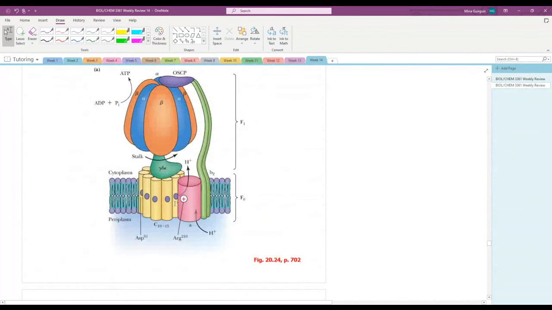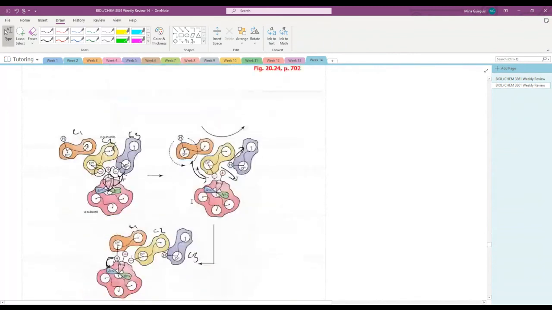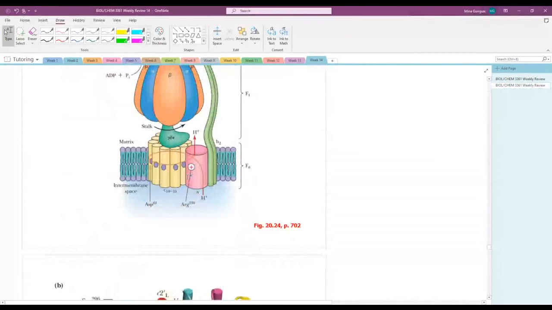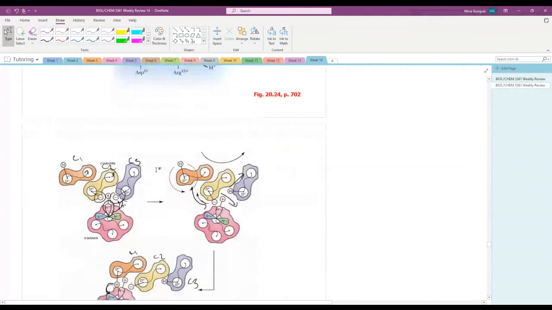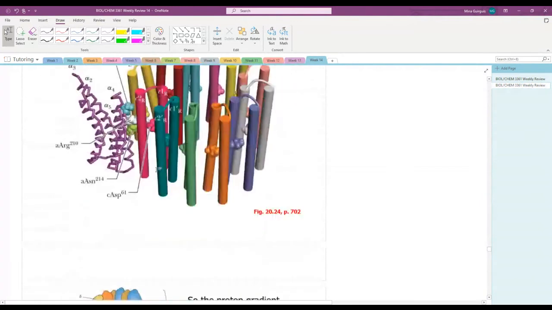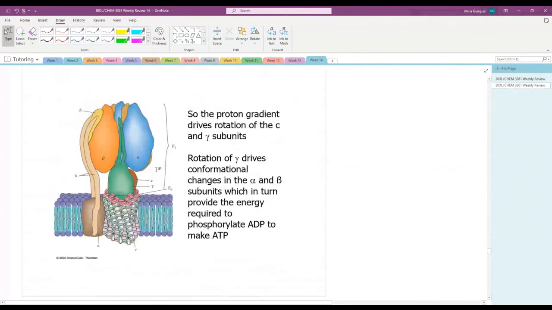So if we look up here, in the C subunit and the A subunit, it's the arginine that's positively charged here, still the arginine, but the aspartate, if you notice, did they not draw the charge? They should have drawn the charge on the aspartate. I apologize. Okay, never mind. So that effectively drives the rotation. So that's what's causing the C to rotate.